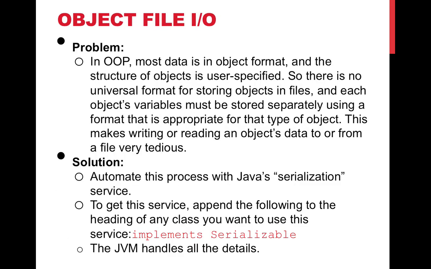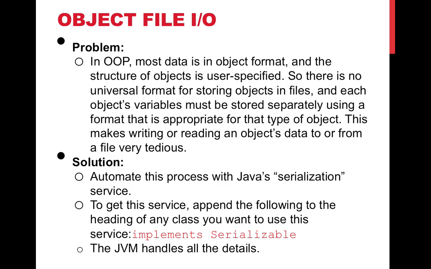And then Java has another very convenient or interesting file I/O, one that's called the object file I/O. So the problem is that in most object-oriented programs, the data are in object format. So an object has some instance variables, and those are the data.